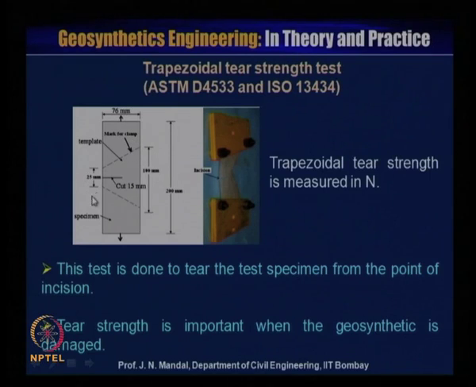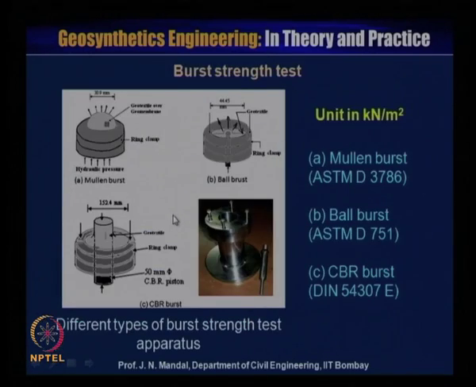So, it looks like a trapezoid like this, and in between this is about 25 millimeter and there is a cut of 15 millimeter. So, this trapezoid is to be clamped like this, and this test is done to tear the test specimen from the point of initiation here. So, tear strength is important when the geosynthetic is damaged. So, one has to conduct the tear strength test.